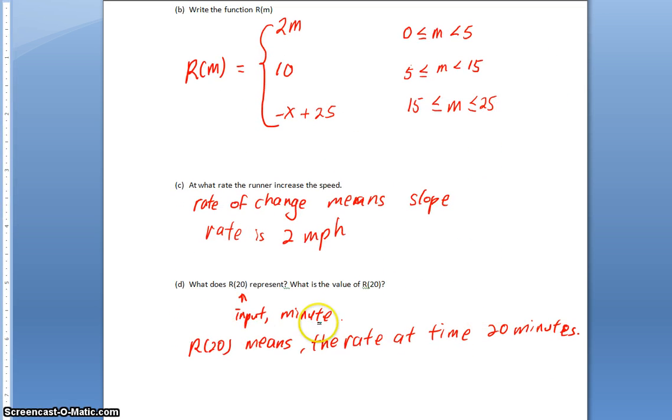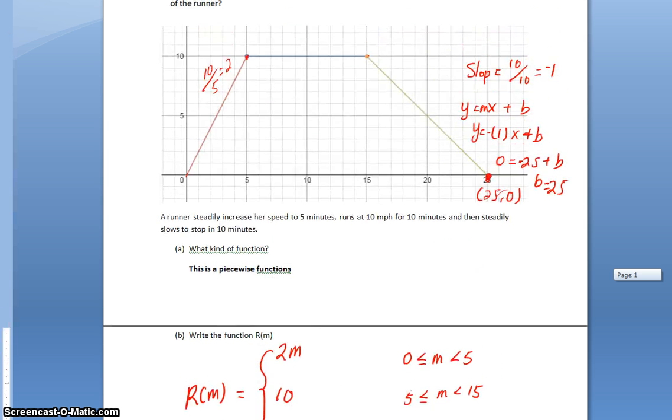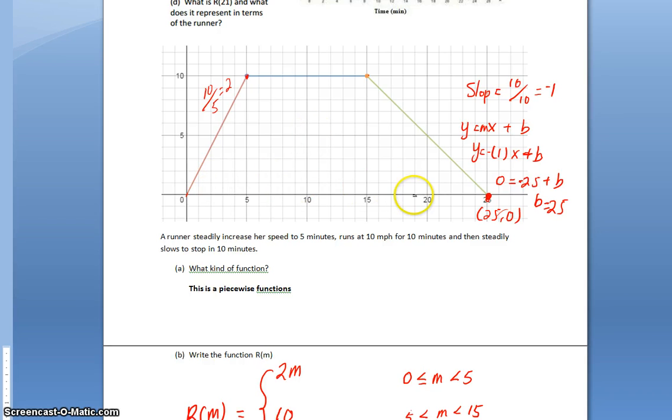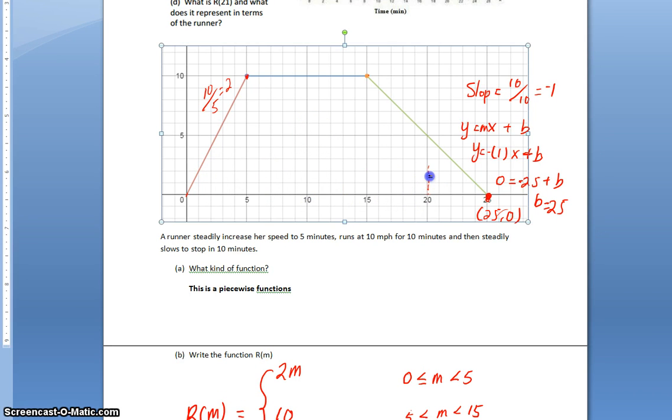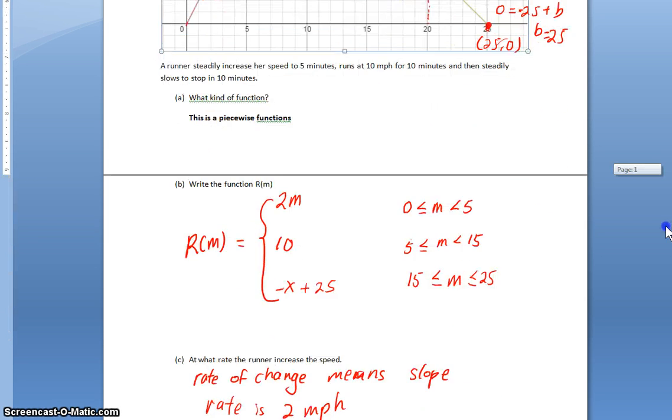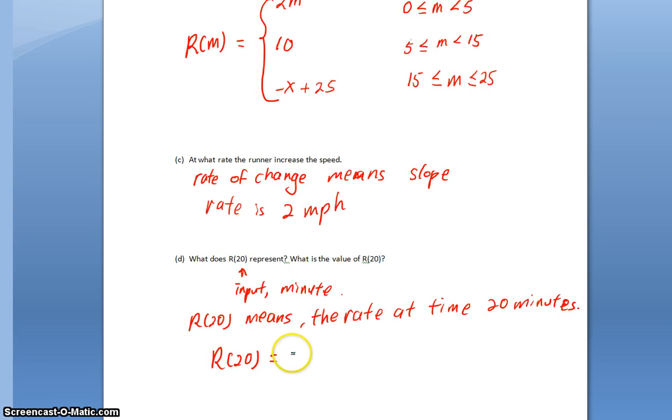What is R(20)? Go to 20 on the axis, go up to the graph, right there. This point is (20, 5). So R(20) is 5. At 20 minutes, she's running at 5 miles per hour. That's it.